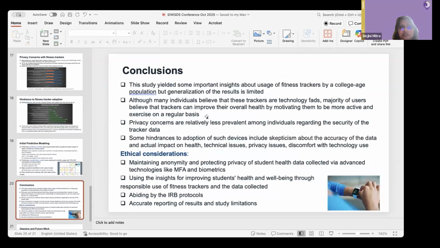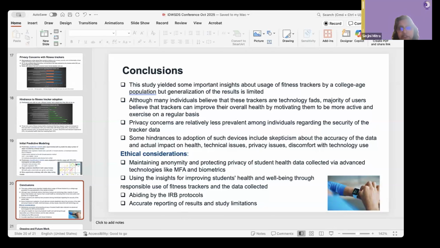And then some conclusions: obviously this was just an initial study. We are in the process of collecting data over time to increase our sample size so that our statistical tests and analysis have more power. And also ethical considerations: maintaining the anonymity and privacy of the students is important. So we want to make sure that we protect the data with the relevant technologies, including even biometrics or multi-factor authentication, things like that.